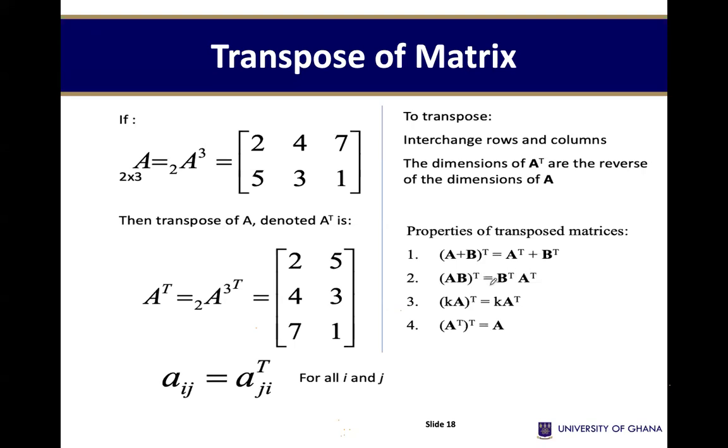These are proven properties that you can show and try with some real examples. Again, we can also have kA transpose, which is the same as k times A transpose. And the last thing is that if I transpose a particular matrix twice, I should get the same matrix.